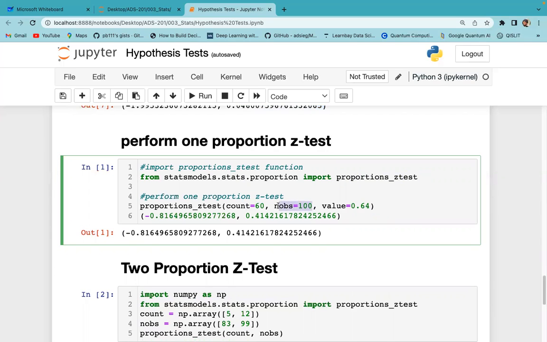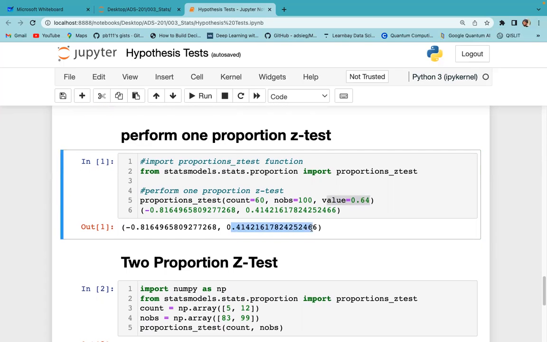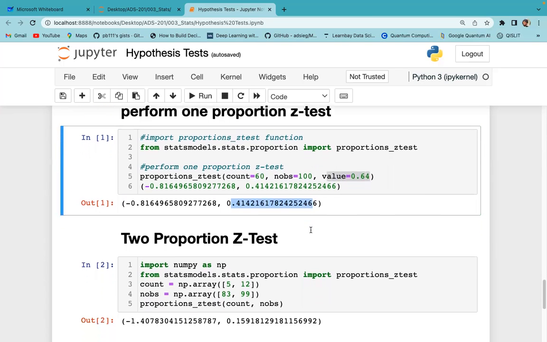From these 100 people, 80 people are accepting your rule. This is your hypothesis proportion. Whether your population proportion is equal to 0.64 or not, that is what you are going to figure out. Of course it is true, because your p-value is greater than 0.05.